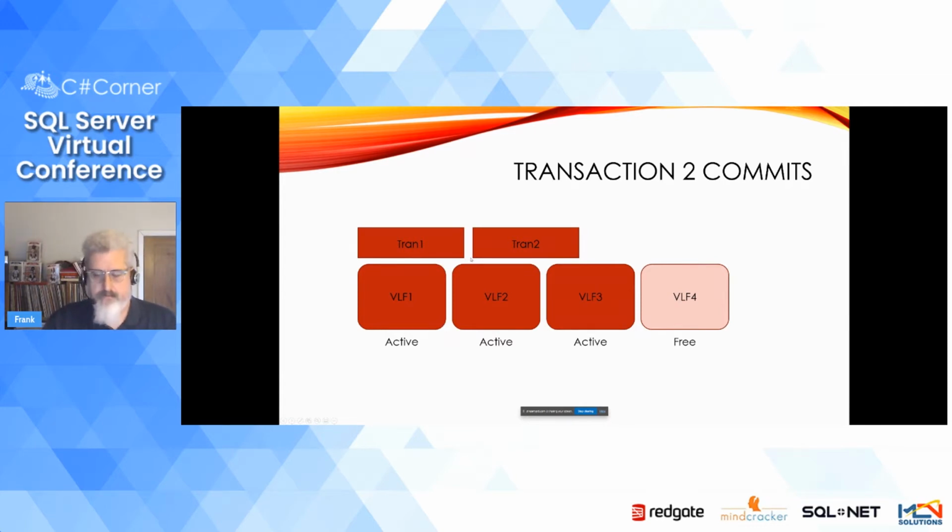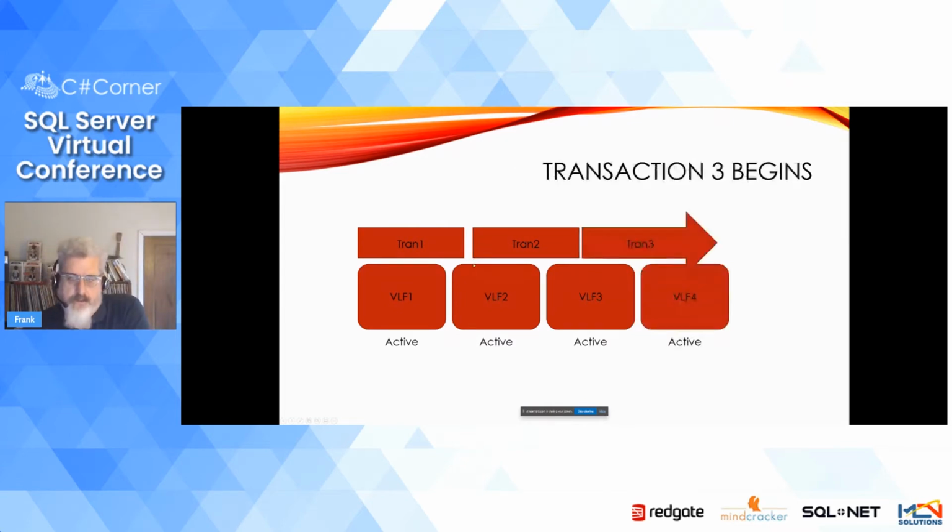So I now have 3 active VLFs. Now transaction 3 starts, but transaction 3 has not committed. You can see because of the arrow that indicates that that transaction continues to run. So at this point, I have 4 active VLFs and 1 open transaction.